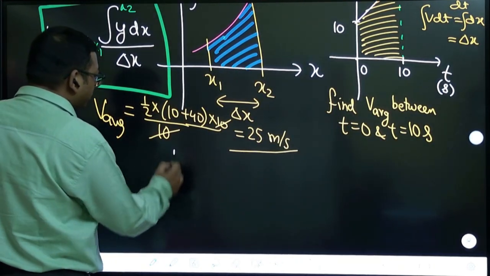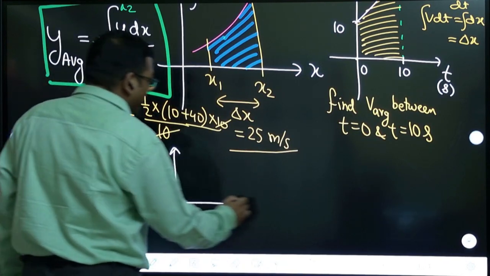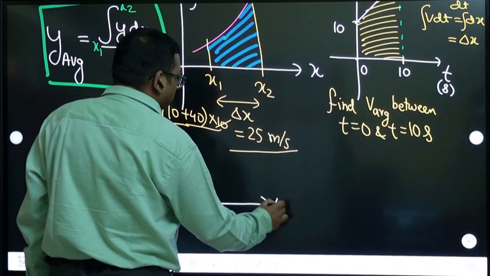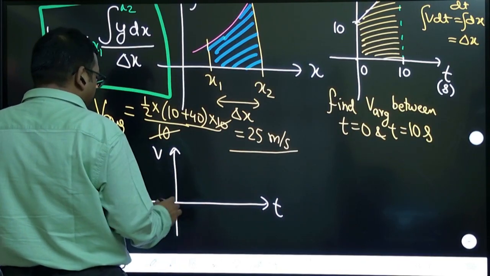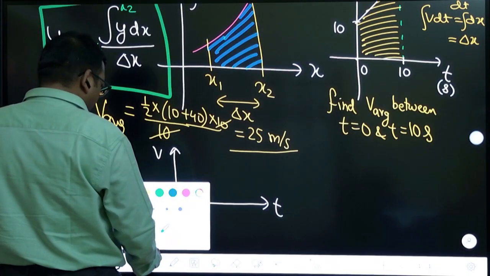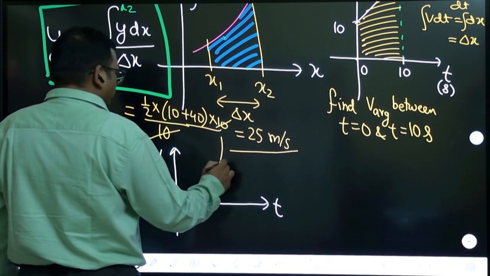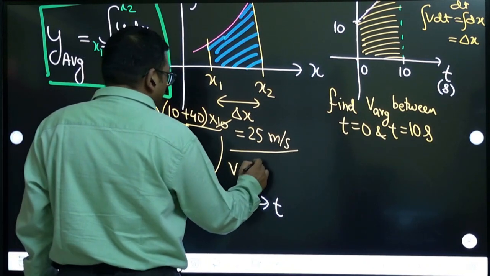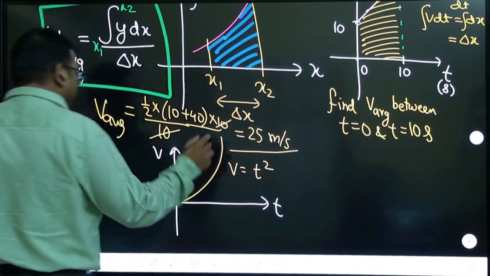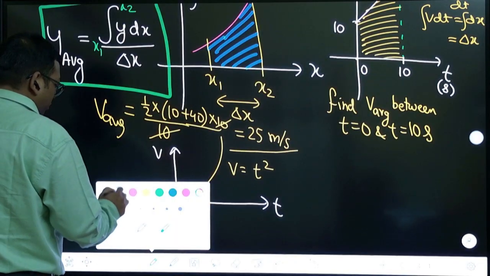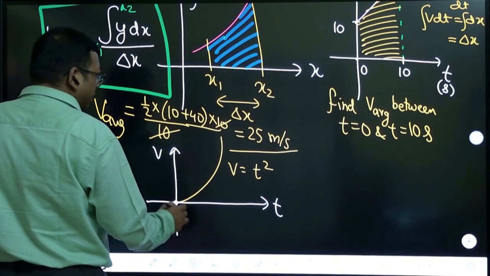Same question, but I am now going to make a parabola. This is a velocity time graph, and let us say v is equal to t square. Calculate the average between 0 to 10 seconds.